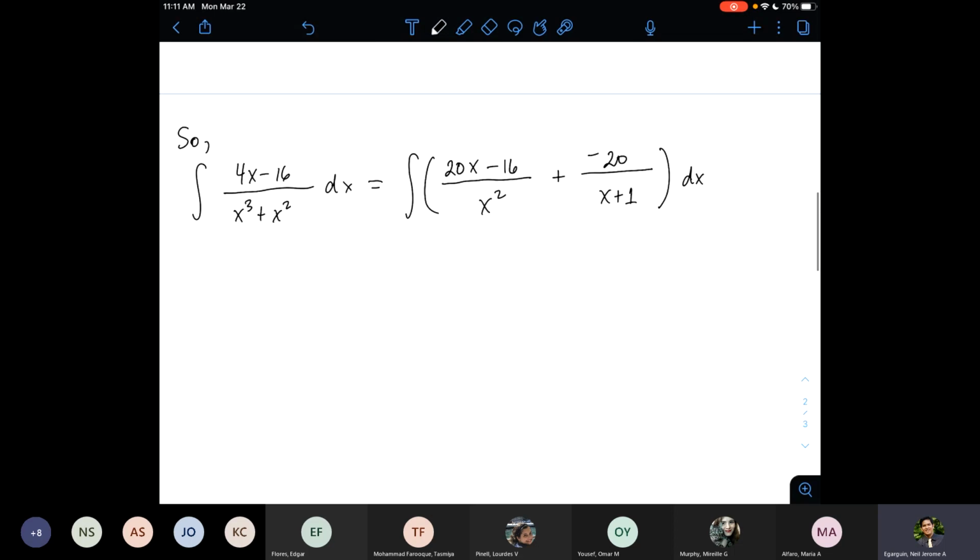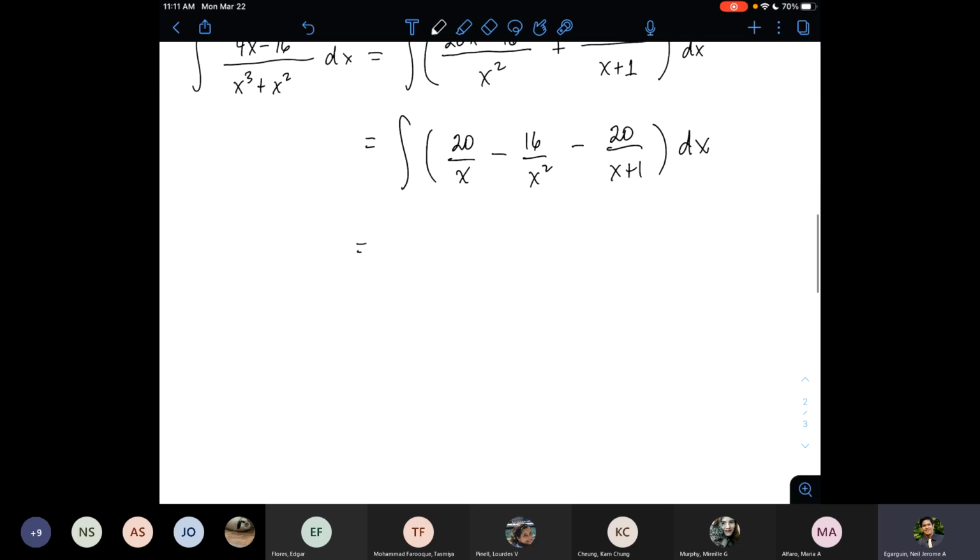And then I can further rewrite this by performing the division here, because the denominator is a monomial, so it can go into the denominator of the first term and then the denominator of the second term. So we'll have the integral of 20 over x minus 16 over x squared minus 20 over x plus 1 dx.